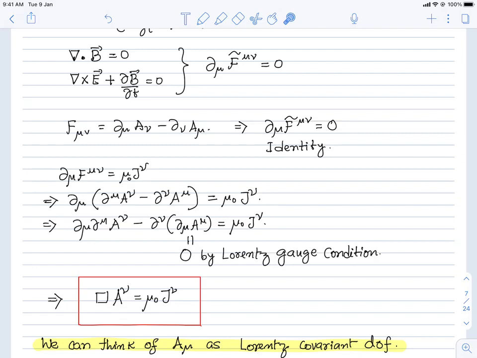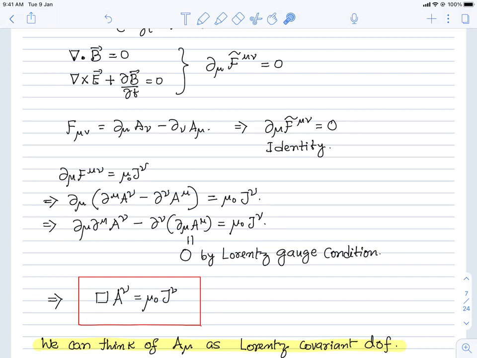Now, as you have seen in the previous video, this object equal to 0 is precisely the Lorentz gauge condition, and it is also the gauge condition which is manifestly Lorentz covariant. Any other gauge condition, like the Coulomb gauge condition, is not covariant.